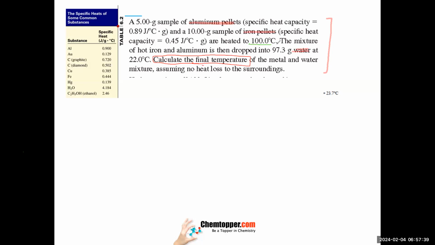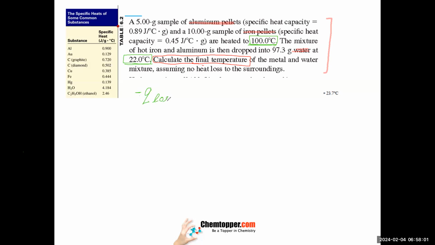Observe the initial temperature, because from the initial temperatures you will decide who is losing and who is gaining. And now, can we start? Tell me, who all are losing heat? Minus Q lost.